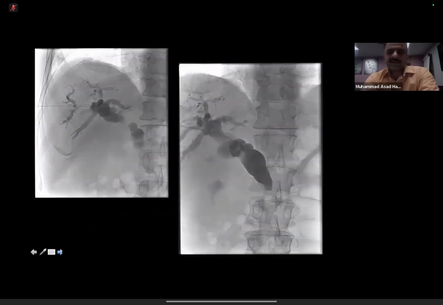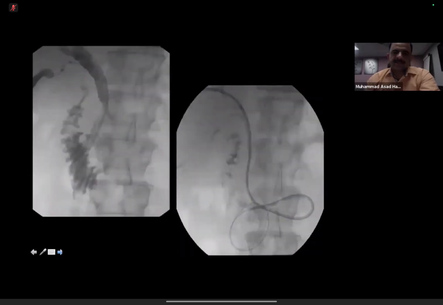Once you're into the biliary system, you inject some contrast, and the rest of the procedure is usually completed under fluoroscopy. You delineate the tract, then try to negotiate and get across. Now, the drainage is basically taking the pressure off by putting a small drain in, but we also tend to put some stents in, as you can see in the slides shown.